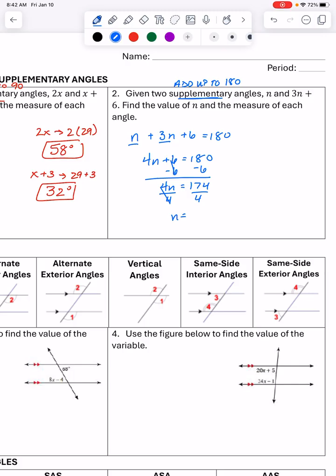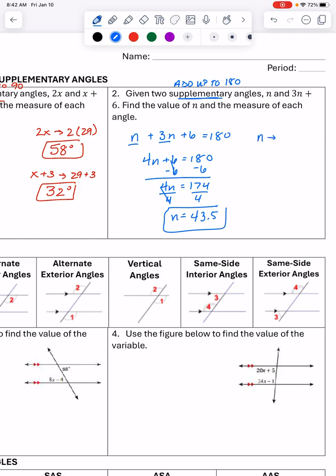Let me see. Should be able to use a calculator on this stuff, so I do not have mine with me. There we go. 174 divided by 4 is 43.5. Okay, so there's our n, and then same thing, we need the measures of the angles.